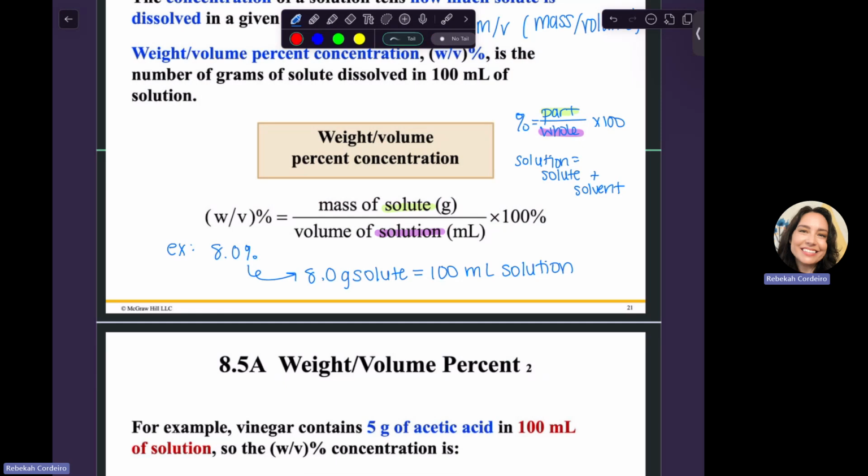And so we can take any percent and turn it into a conversion factor pretty easily by just assuming 100 of the whole thing. That number that goes in front of the percent becomes the number that goes for the part. So if I said 8% W/V, or percent W/V, I don't know if it matters what order we put it in, knowing the percentage, we can turn that into a conversion and use it with any sort of conversion factors.